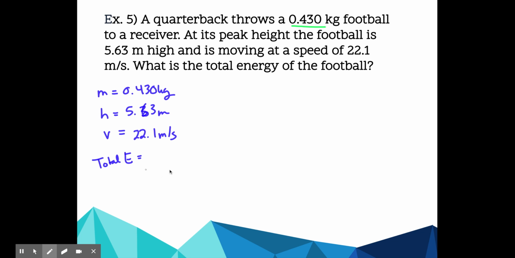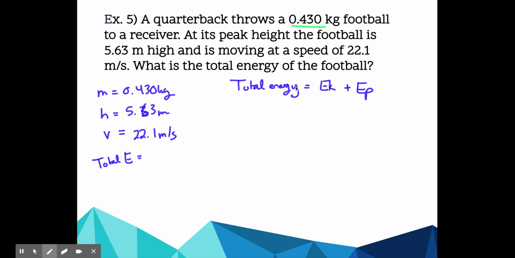Now, in this case, it didn't ask for EK or EP. It's asking for total. Well, total energy at that place in time, that football actually has kinetic energy, and it also has potential energy. Okay?